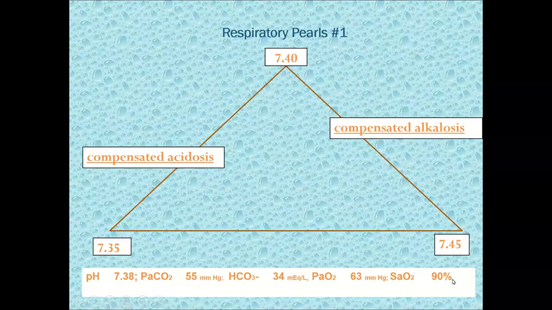I'm going to tell you what's very annoying for students. Here's the rule for the ABGs, but now this is the rule exception: when you have a patient that has a history of COPD, and you see that the bicarbonate and the CO2 are elevated, as long as the pH is in the normal range, on this side of the triangle, then your patient's doing okay, as long as the O2 sat is acceptable also.